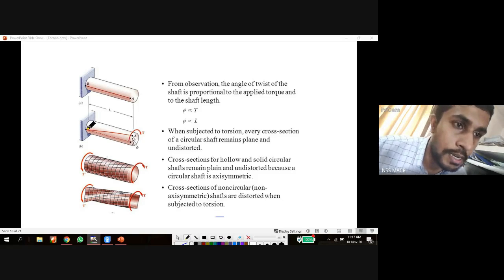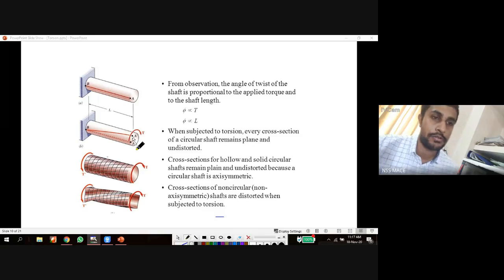This AB was the initial line before twisting. After twisting, we can see A, B, A dash. This point will not change because this is the fixed end. There is no twisting at the fixed end, but at the free end, the point A is shifted to A dash, and this angle from A to center to A dash is called phi.